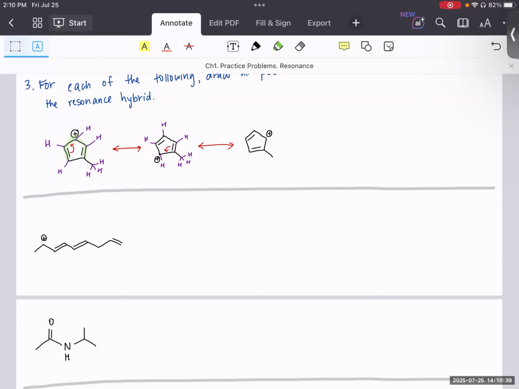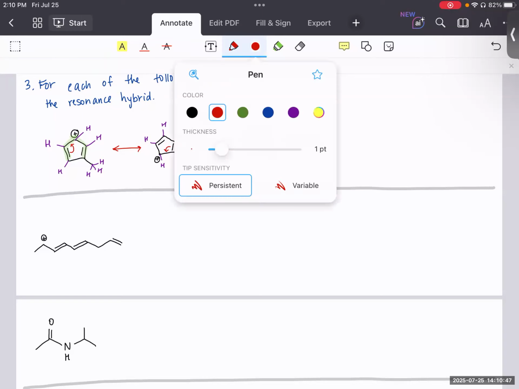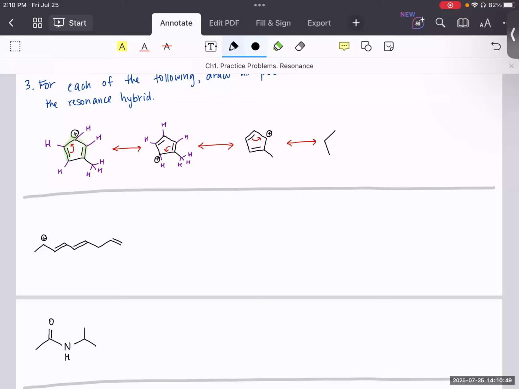All right, we can next keep on circling those charges around. So we could also draw in this next bond right here. And then same thing with this last one.